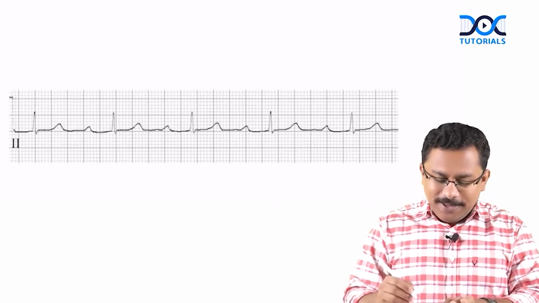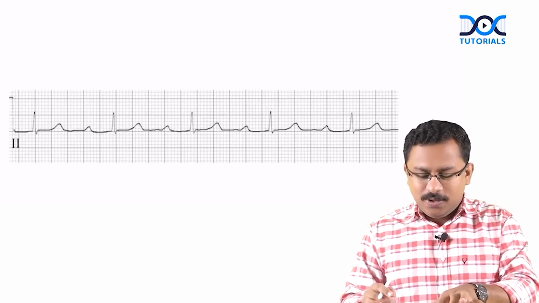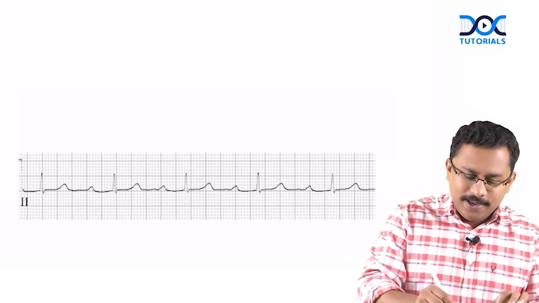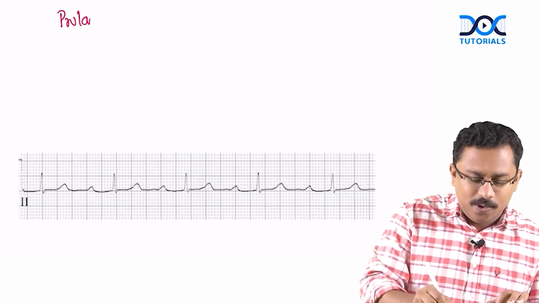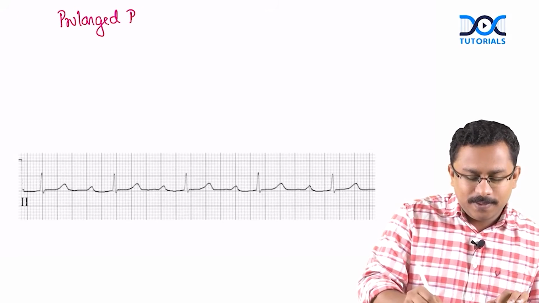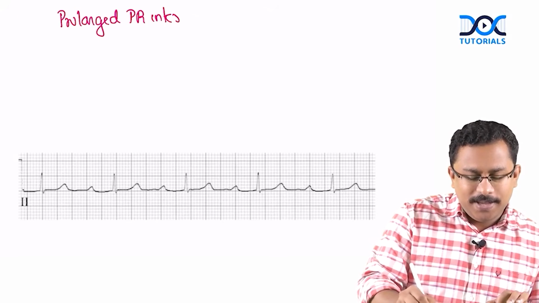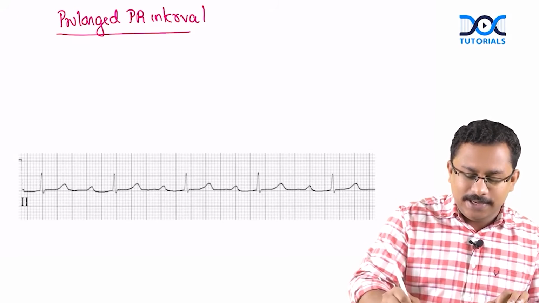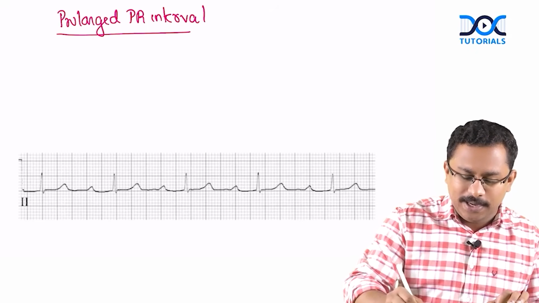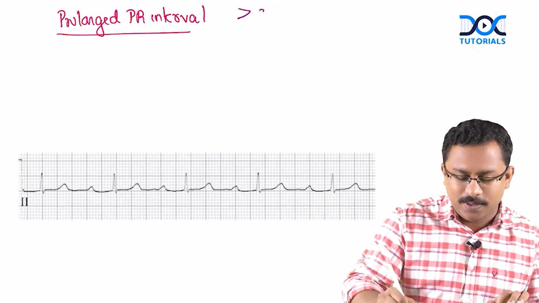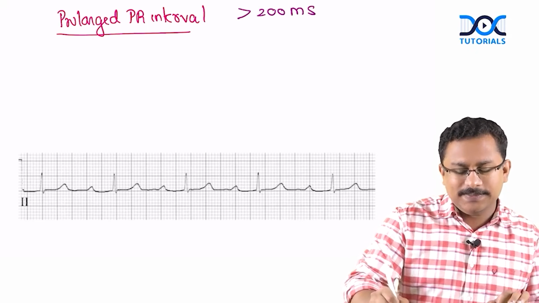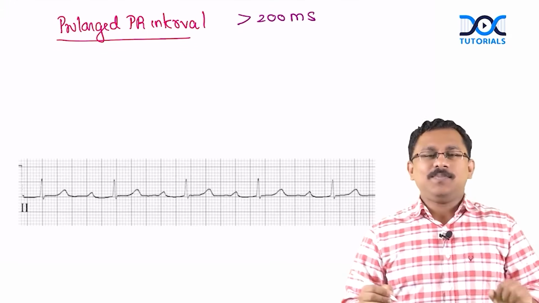A prolonged PR interval is above 200 milliseconds, more than 5 small squares.